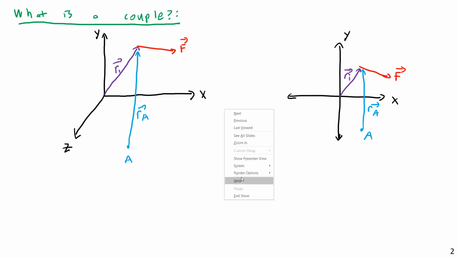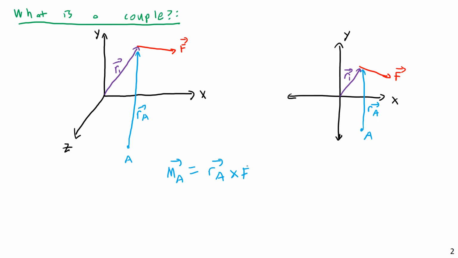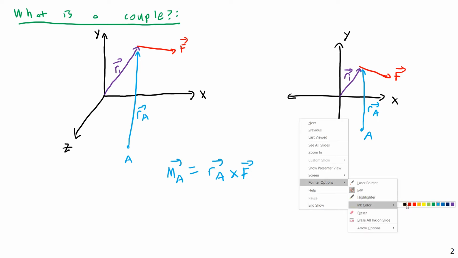So we know previously that for both of these, the moment of this force about A is going to be equal to the vector RA crossed into F. No great surprise there, R cross F, and that's the moment about a point, not the moment about an axis, of course.